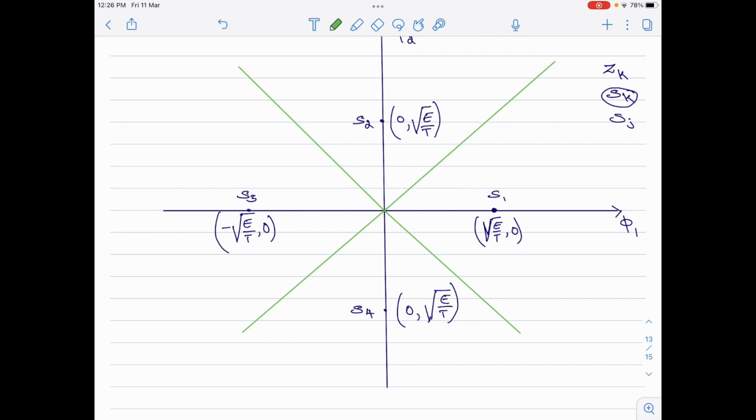Right. So, the lines that I just showed here using the green color will be the decision boundaries for each of the decision regions. So, let me just mark them out.